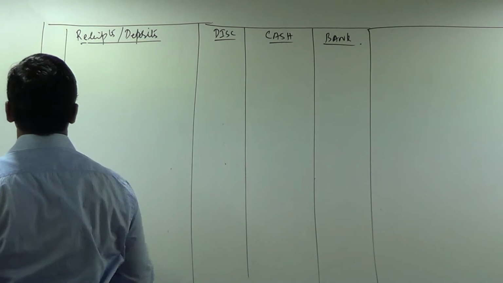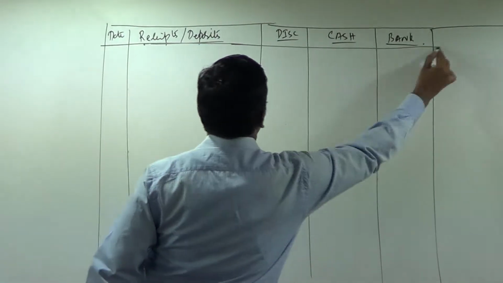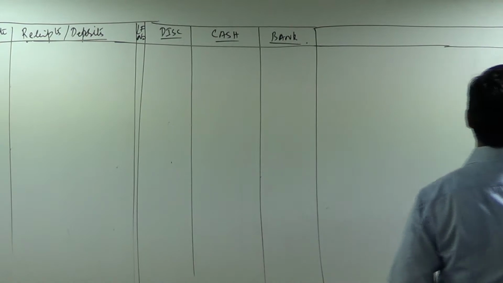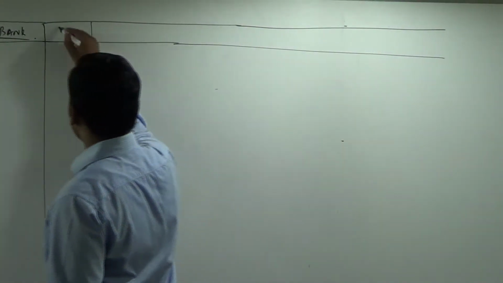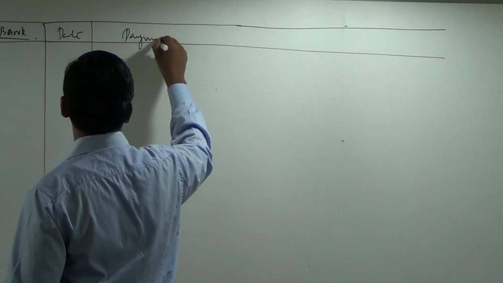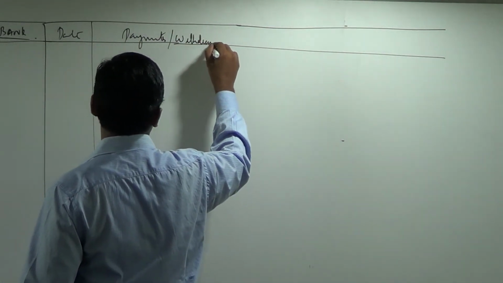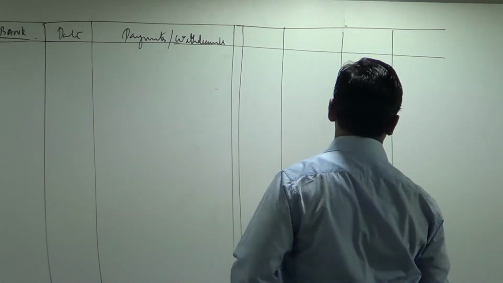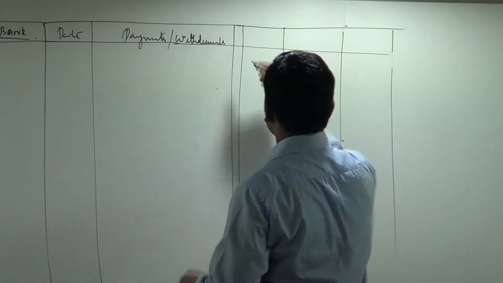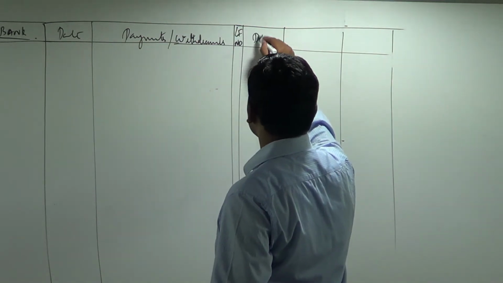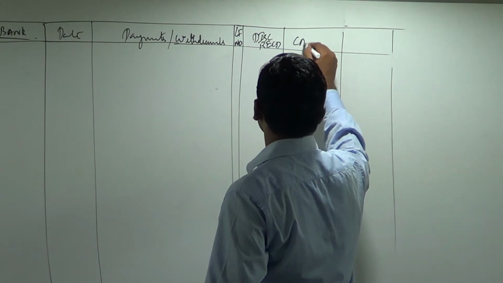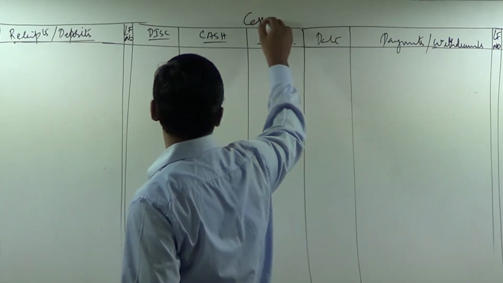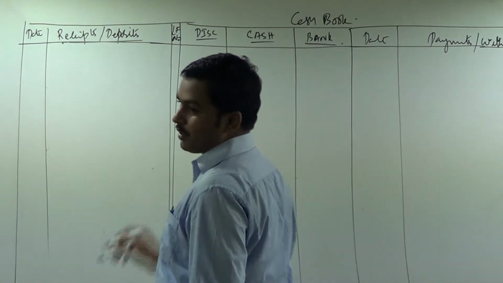We'll also have a date column, an LF number column, and on the other side a date, payments, and withdrawals. This is called the triple column cash book.